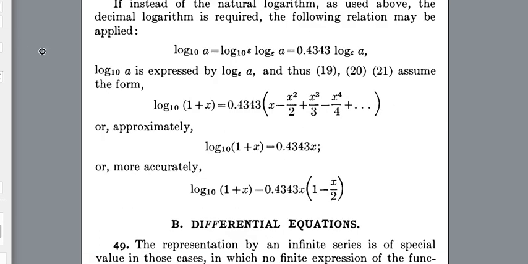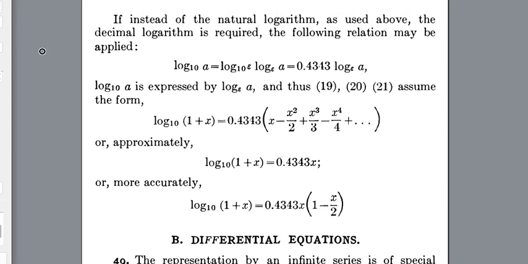If instead of the natural logarithm as used above, the decimal logarithm is required, the following relation may be applied. The logarithm base 10 of a equals the logarithm base 10 of epsilon multiplied by the logarithm base epsilon of a, which equals 0.4343 multiplied by the logarithm base epsilon of a.